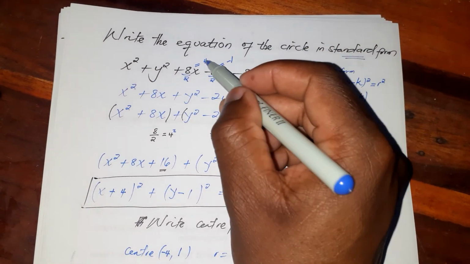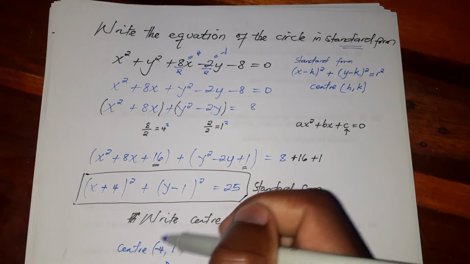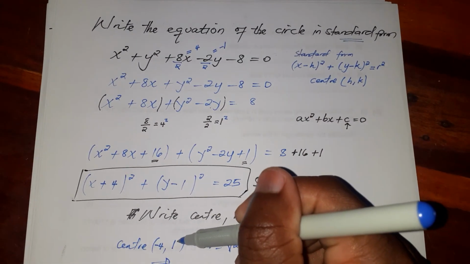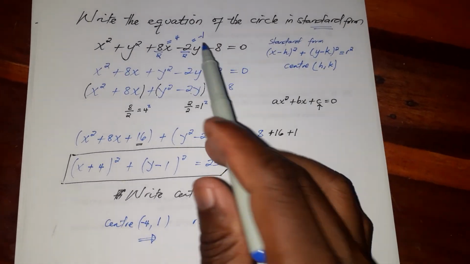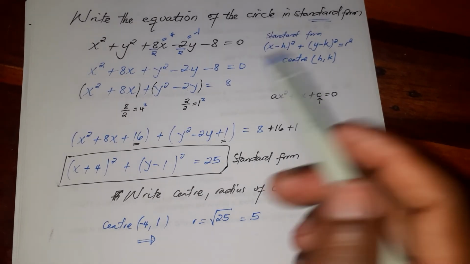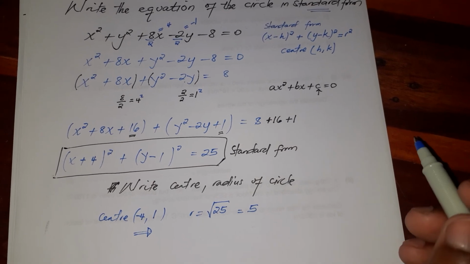Keep in mind, since you are getting positive, therefore it becomes negative. And since you are getting negative 1 here, it should become positive. That is also another way on how we can quickly identify the center from the general form of an equation of a circle.